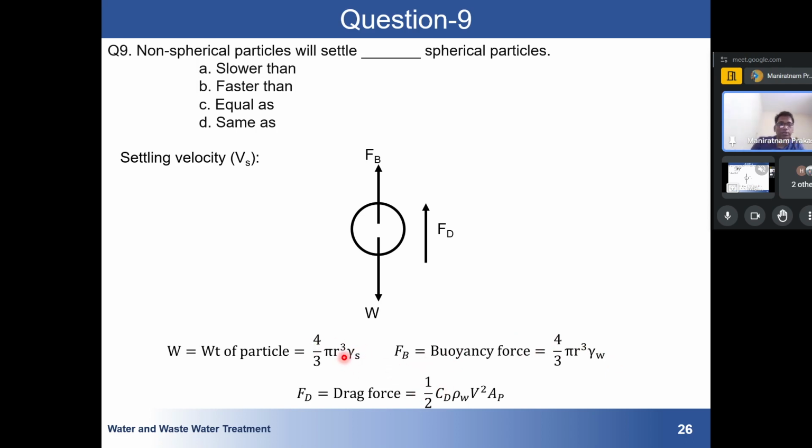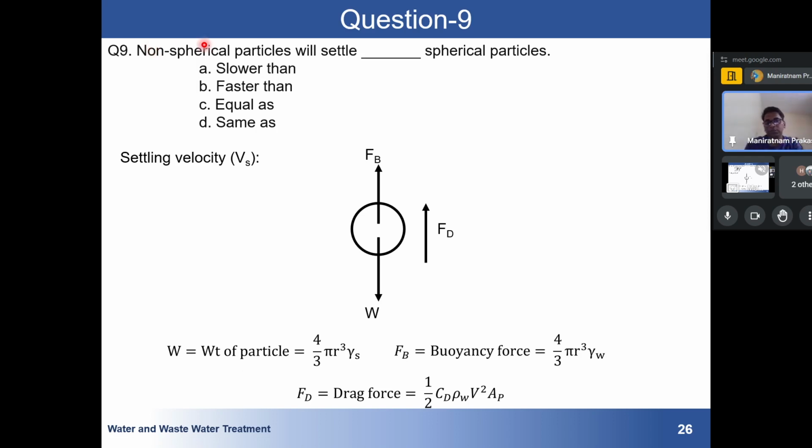Before going to the next slide, which contains the answer to this question, I want you to think: consider the volume to be the same for all non-spherical particles. Suppose a spherical particle has volume x. Consider the volume of this spherical particle and the non-spherical particle to be the same.